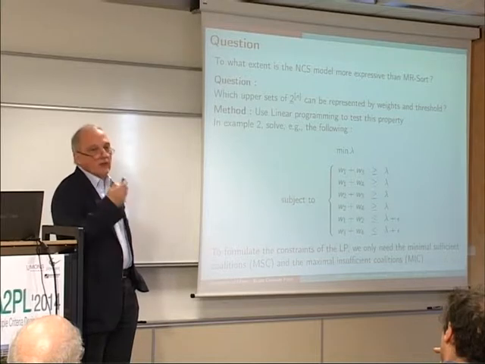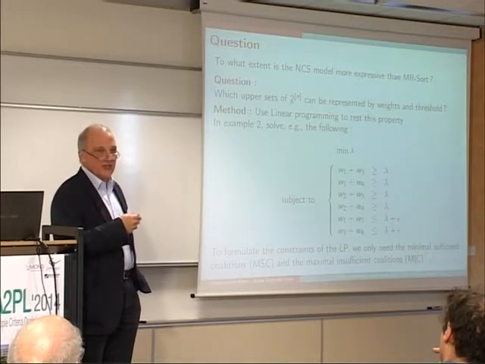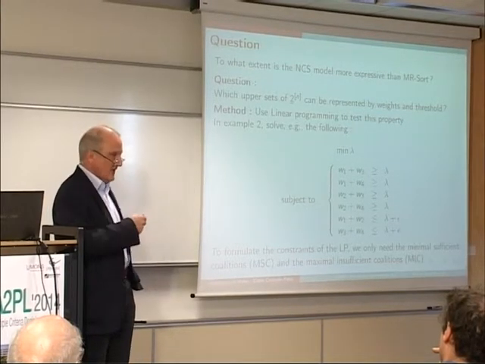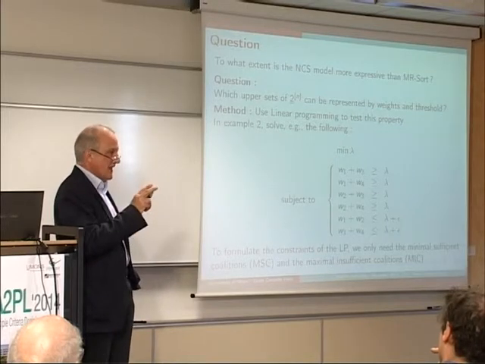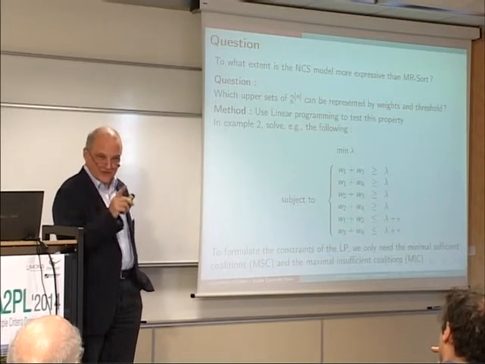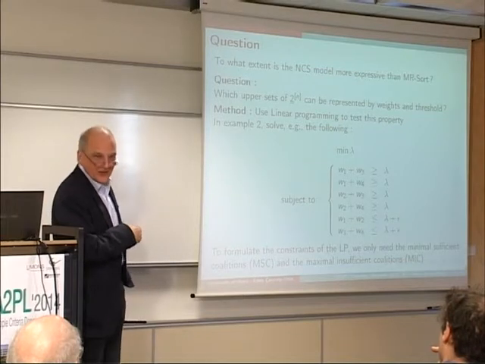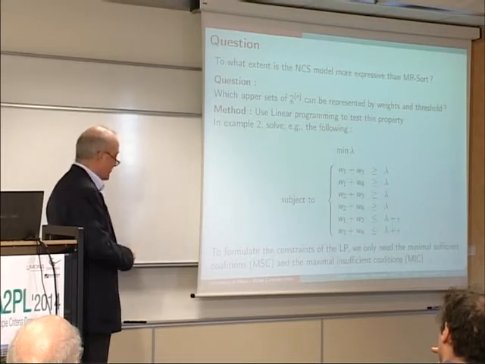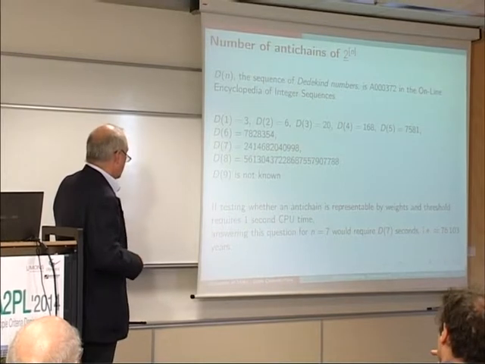One brute force way of checking that is to solve as many linear programs as there are anti-chains. I know it's closely related with Boolean functions and other areas, and I come to this.